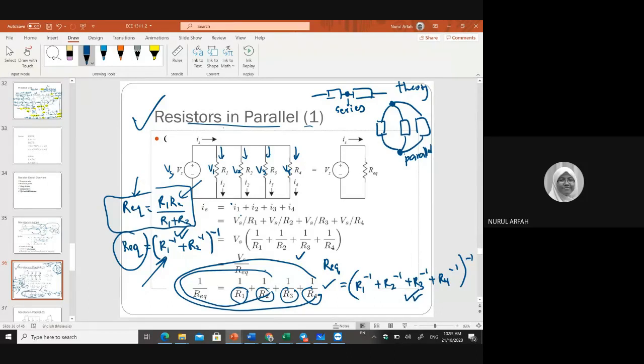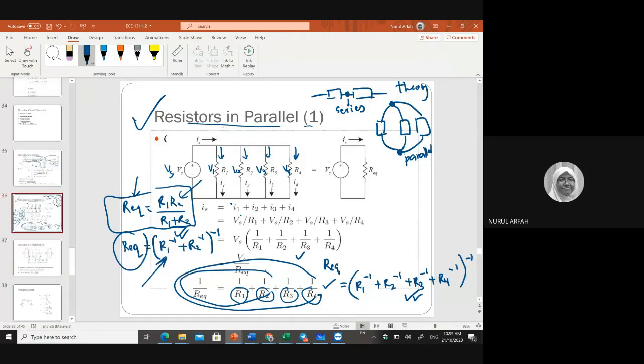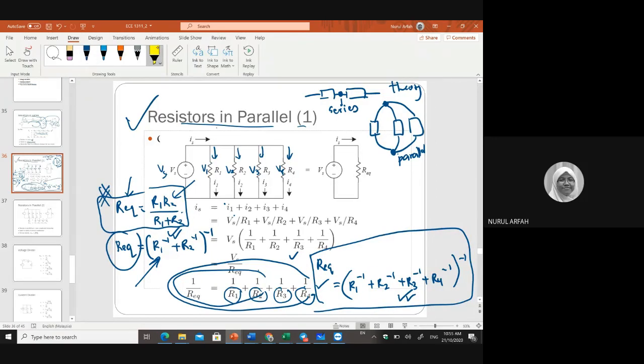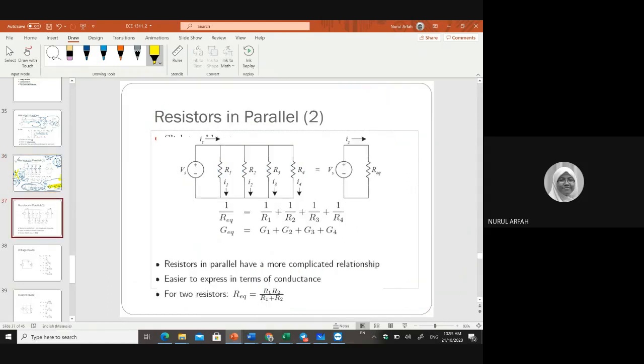Okay. Do you get me, or are you confused? My point is, please do not use it this way. Use this part. In order to use your calculator, please try to use this. Even though the equations are the same, just save your time.